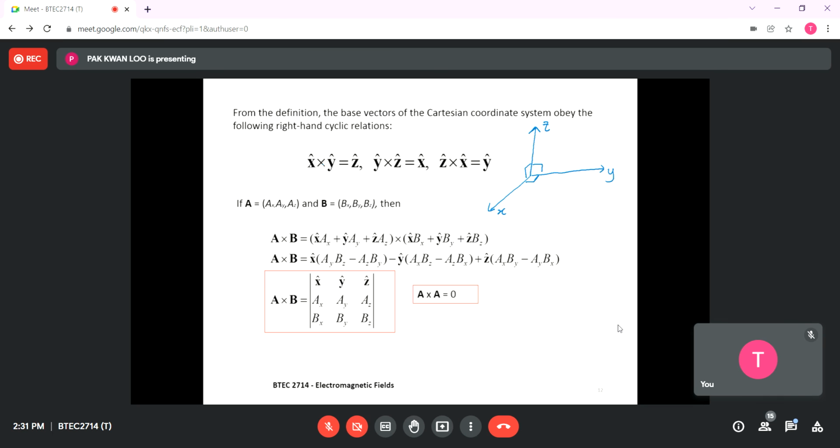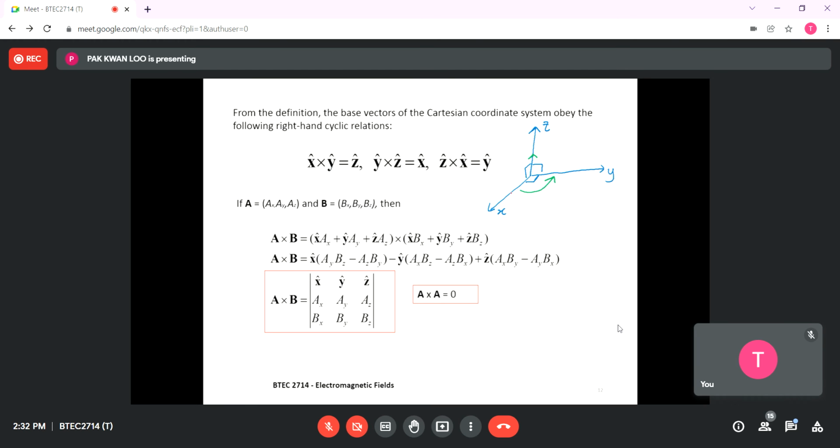And we have X cross Y. Using the right hand rule, X crosses Y, so the unit vector produced is in the Z direction.